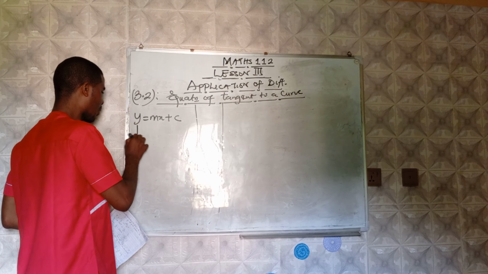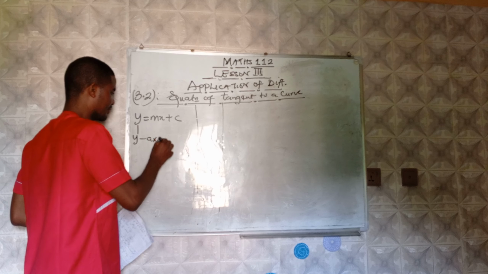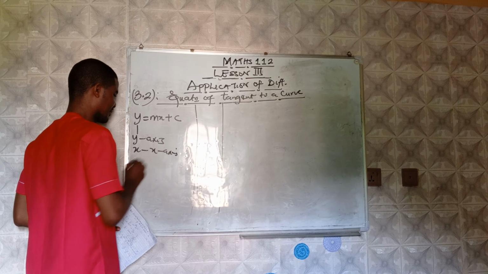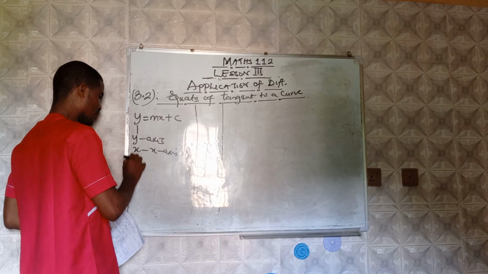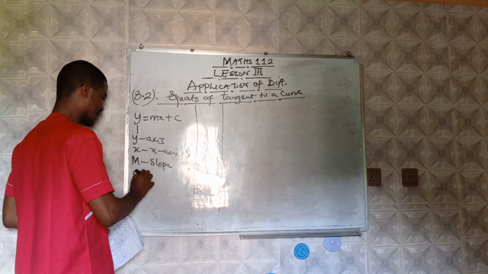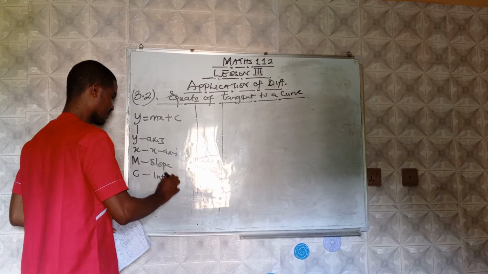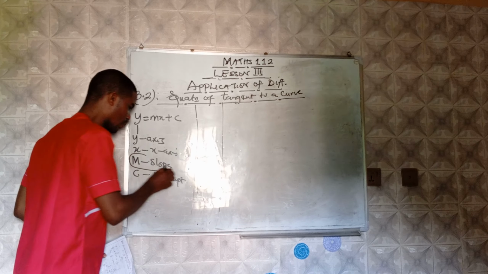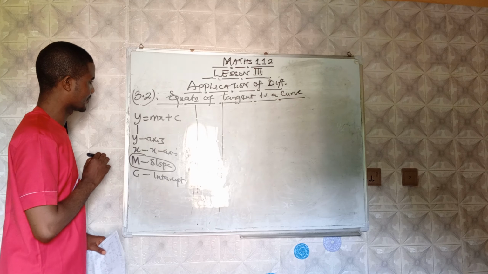Where y is the y-axis, x is the x-axis, m is the slope, and c is the intercept. We have learned to find the slope, or you call it the gradient.